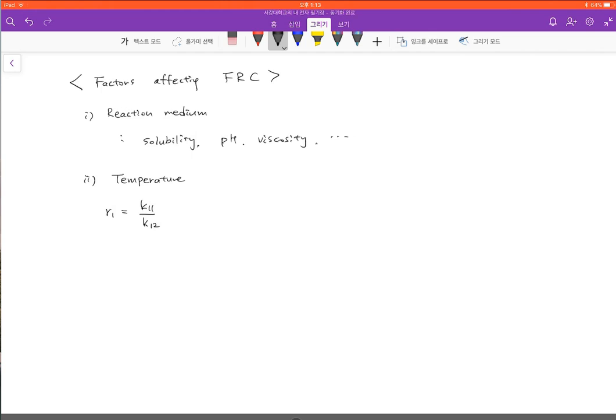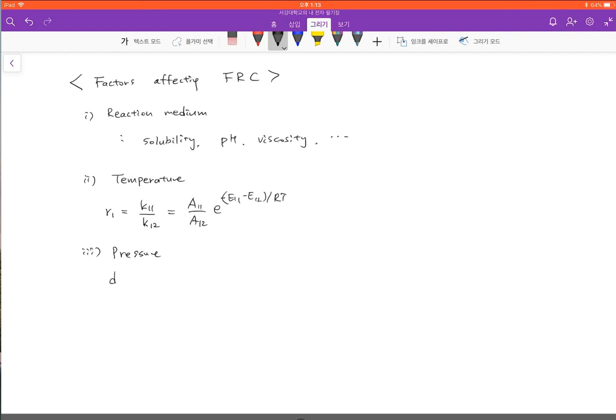For example, since R1 is defined as K11 over K12, and K is a rate constant, we can express it as an Arrhenius type equation, with the exponent of (E11 minus E12) over RT.